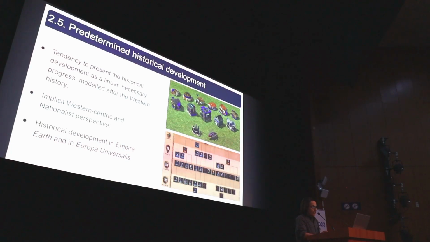Several games, such as Empire Earth or Age of Empires again, present the historical development of societies through a Western-centric and European-centric perspective, featuring technologies and ages as a series of linear steps necessary to reach an ever-increasing degree of civilization. This not only gives an idea of history purely based on European history, but may also confer the positivist idea of development as a linear evolution towards a better version of the present.